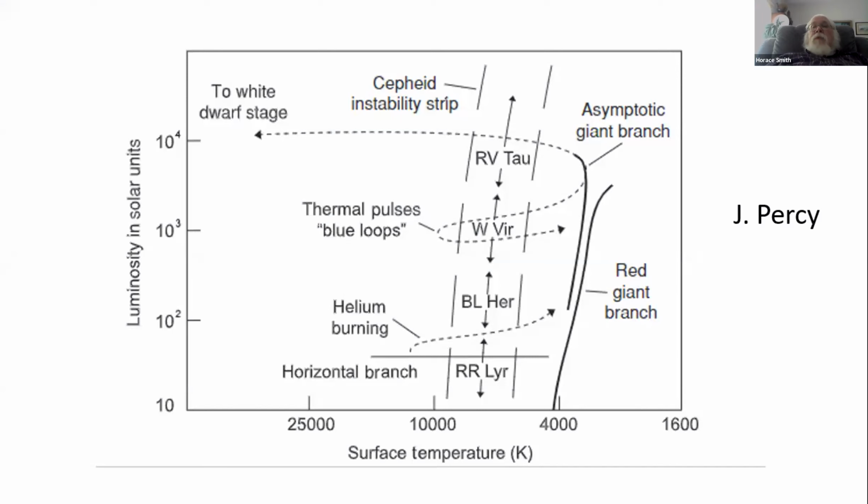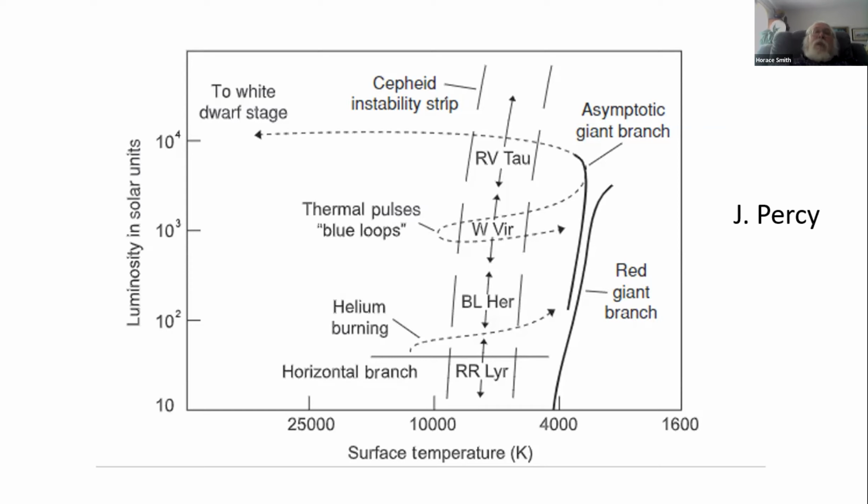And this figure is borrowed from John Percy. And we see the RR Lyrae stars on the horizontal branch. Above them, most of the metal-poor BL Her stars, at least, are believed to be evolving from blue horizontal branch positions across the instability strip toward the asymptotic giant branch, and thus should have increasing periods.